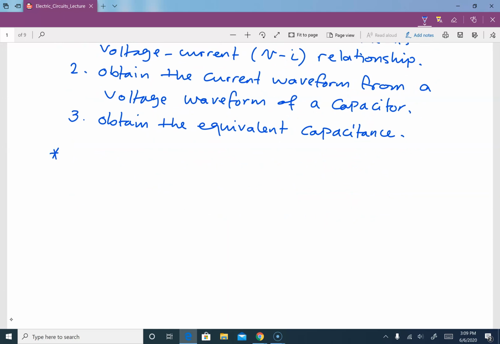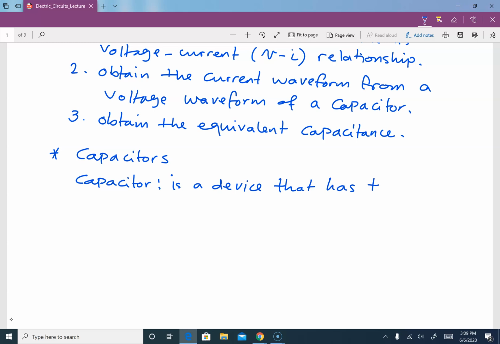So when we are talking about capacitors, we can define capacitor as a device that has the ability to store energy in its electric field.